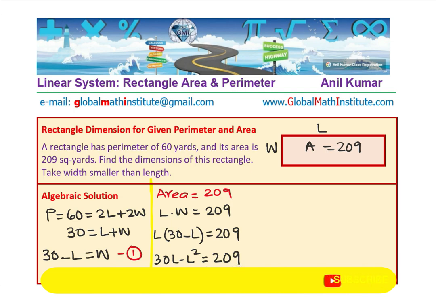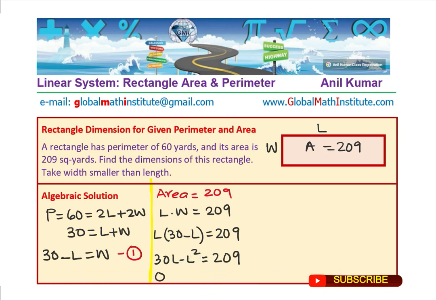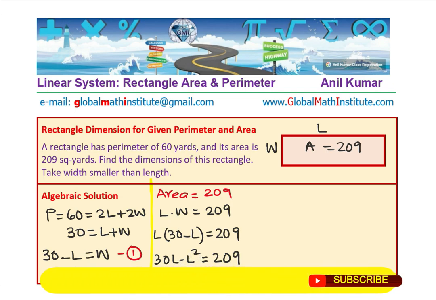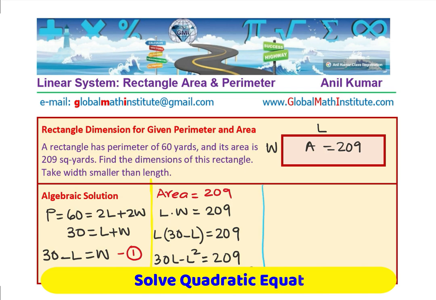I'd like to keep this positive, so I'll make it 0 equals L square minus 30L plus 209. So we get our quadratic equation. Now we need to factor this quadratic equation, or we can use the quadratic formula, correct? So there are two different ways to solve it.